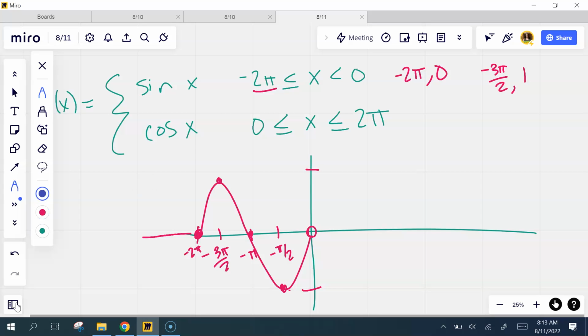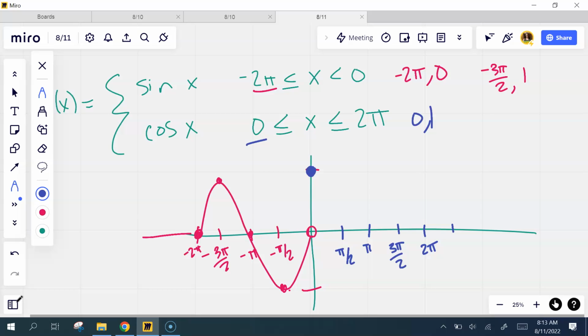And then the next piece of the graph, I'm going to start with 0. What's the cosine of 0? 1. Open or closed? Closed. And now let's move on half pi's again. So this is pi over 2, pi, 3 pi over 2, and 2 pi.